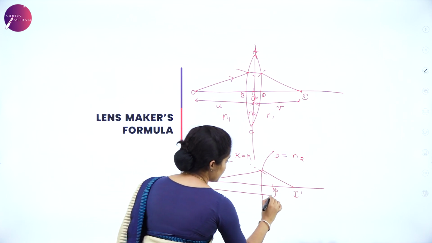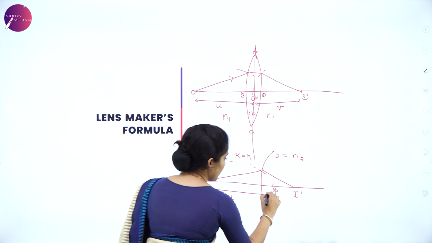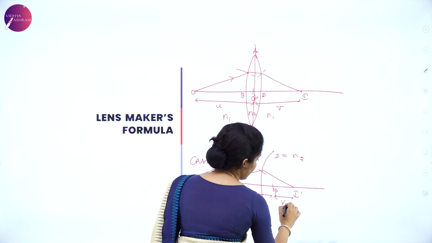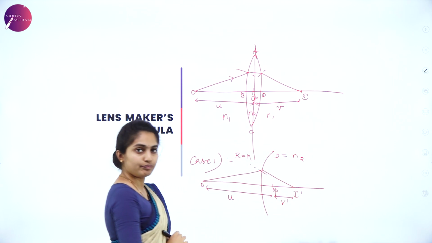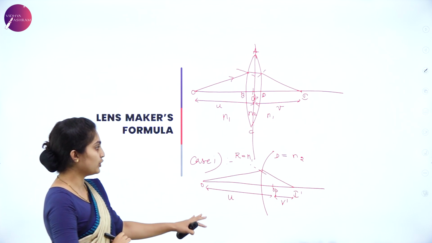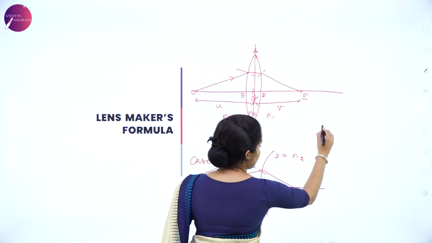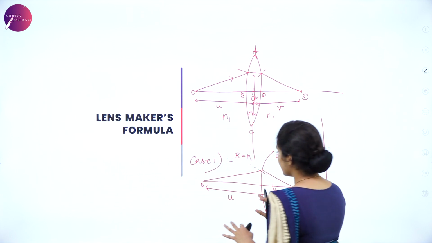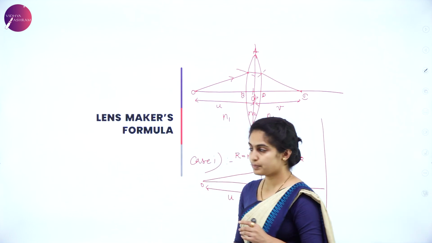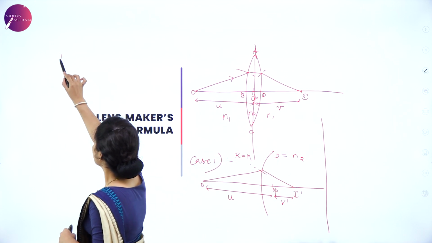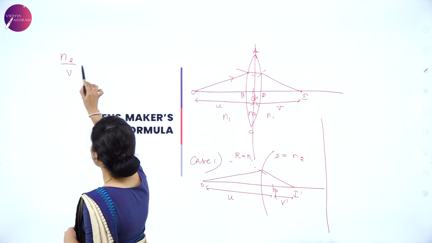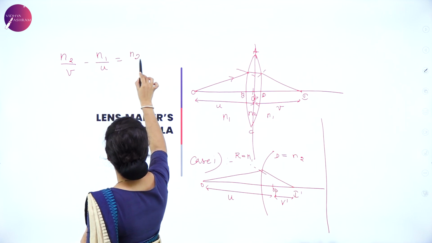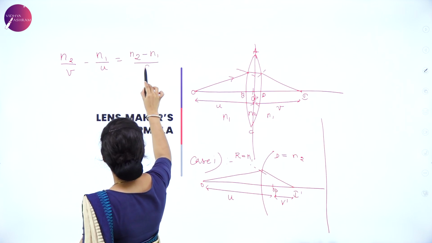From here to here the object distance is U, and the image distance is V dash. So that is what we know. Now for a single spherical surface, the equation is N2 by V minus N1 by U equals N2 minus N1 divided by R.